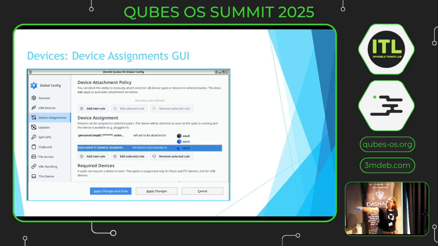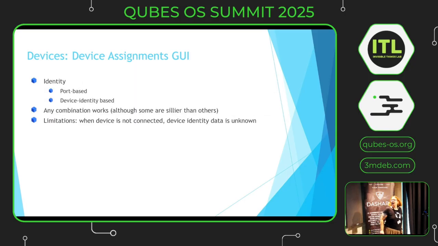You can see here, I have two devices. One of them has set ask to attach to one of those Qubes. This means I'll get a choice if both of them are running. And I get one that will attach automatically to work Qube the moment it's on. This is something that also Piotr has described, so I will not get too much into the detail here.